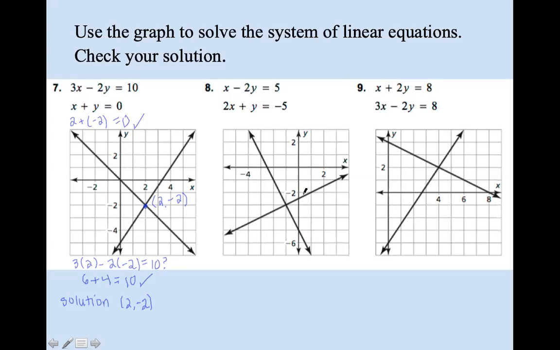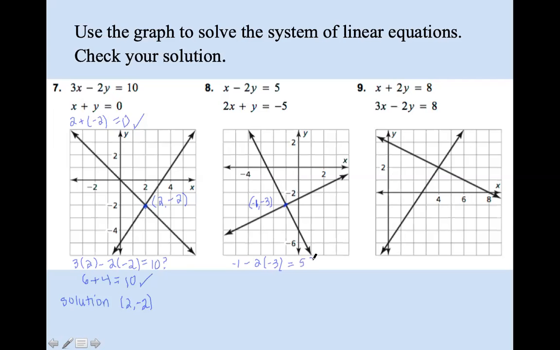All right, let's look at the second one. This time it looks like these two lines here are intersecting at the point (-1, -3). So that's what I want to check. I want to know if that's a solution, (-1, -3). It's kind of hard to tell. All right, so let's try it. Is -1 minus 2 times -3 equal to a positive 5?